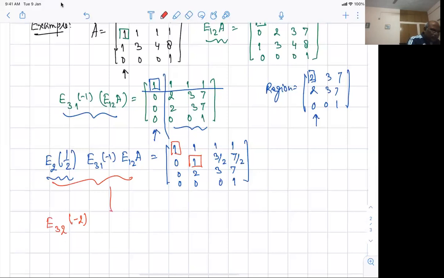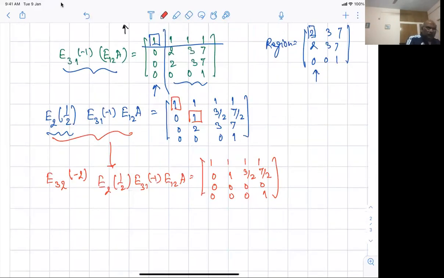This whole thing will come here, so it will be E2 of half, E31 of -1, E12 of A. This will give me 1, 1, 1, 1, 0, 1, 3 by 2, 7 by 2, 0, 0, 0, 0, 0, 0, 0, 1.